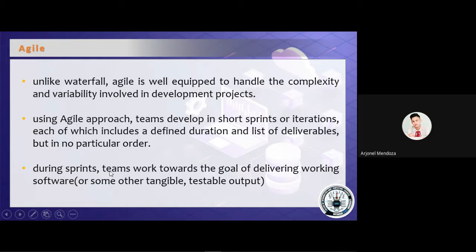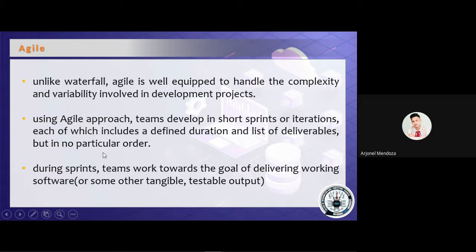So during sprints, team works towards the goal of delivering working software or some other tangible or testable output. So on the Agile, the development of the application is not chronological order, unlike with the Waterfall.